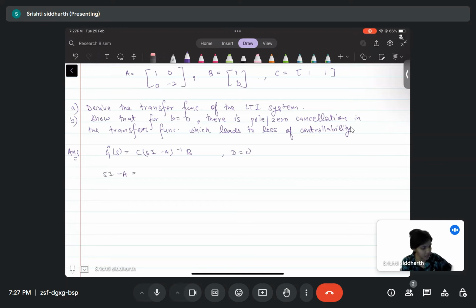So sI minus A is simply s minus 1, s plus 2, 0, 0, and the inverse is simply the inverse of the diagonal entries, which is 1 upon s minus 1, 1 upon s plus 2.